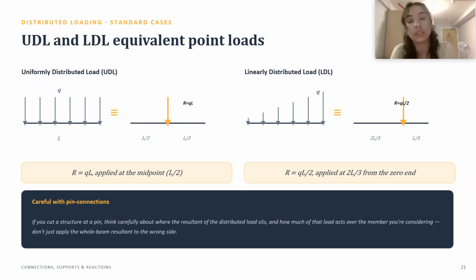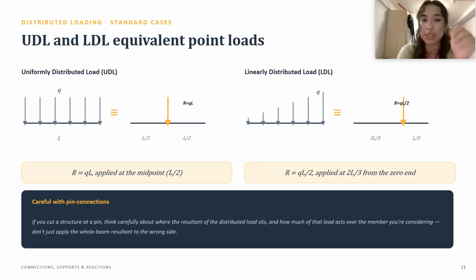And then the resultant force will be Q, the force you are given in newtons per meter. If you use dimensional analysis, to find the resultant force in newtons, you multiply Q, the distributed load in newtons per meter, by the length it's distributed through, and then you will get your resultant force.